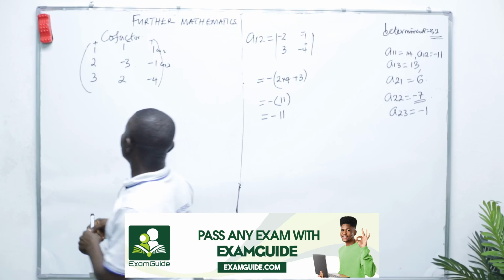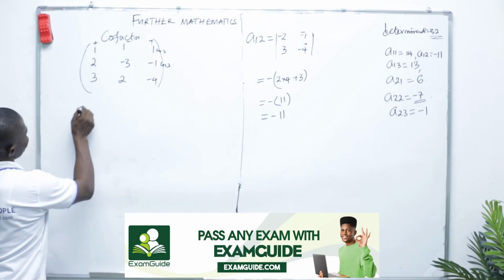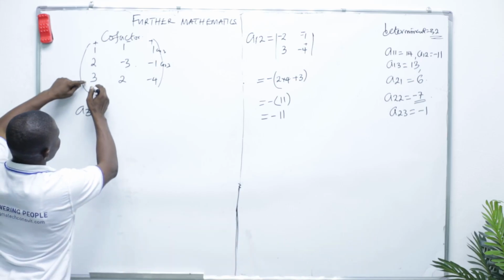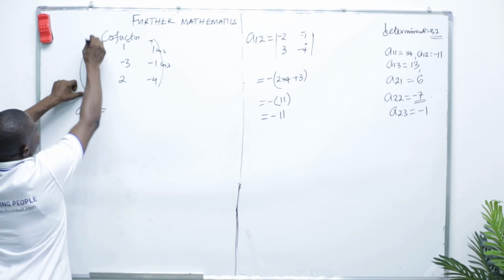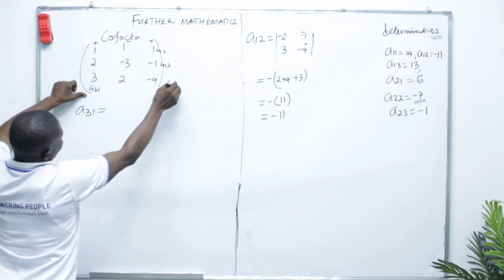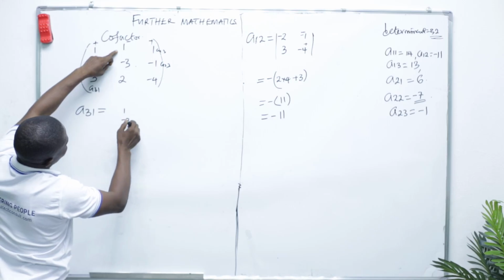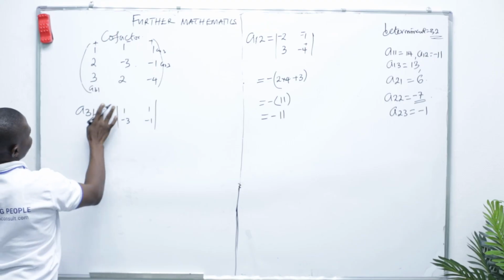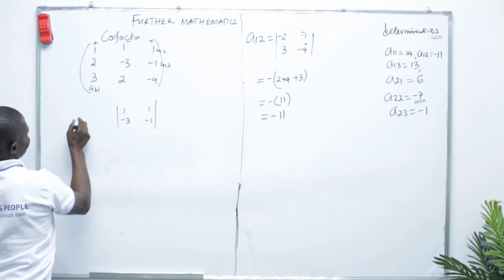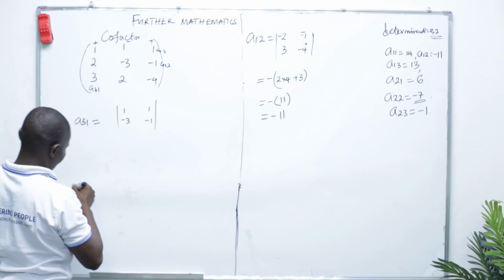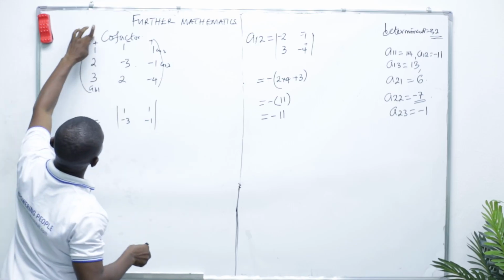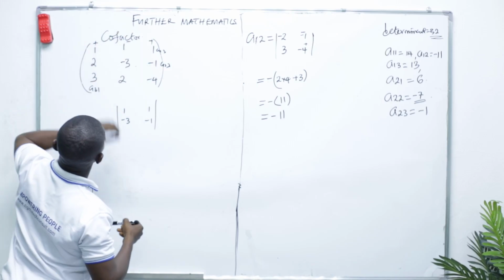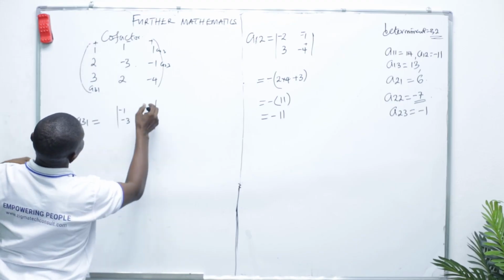Let's go over to A31. A31 equals, look at A31 here. You rule out this place, you cancel here, what will remain? 1, minus 3, 1, minus 1. Then you go back again. The number you are deciding, what is the sign?